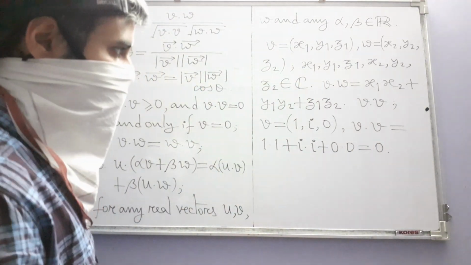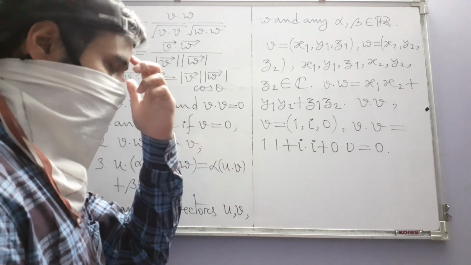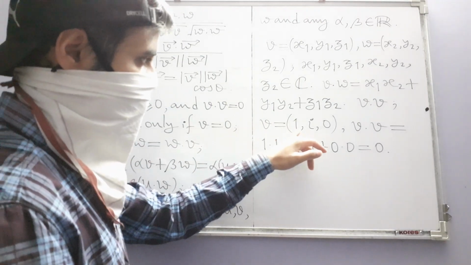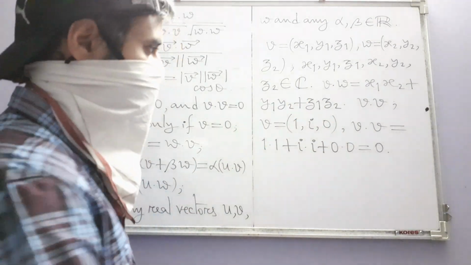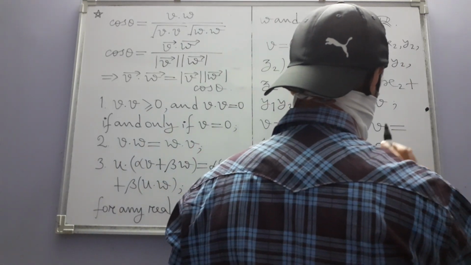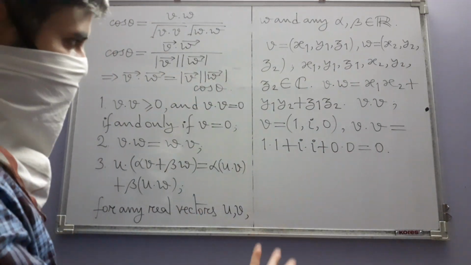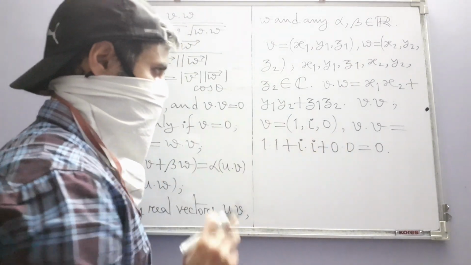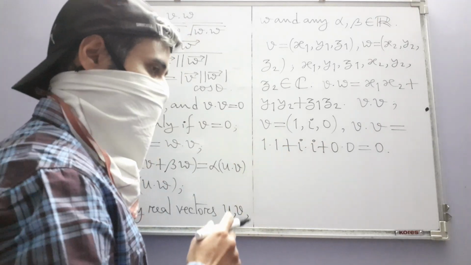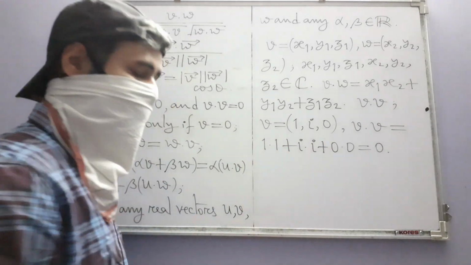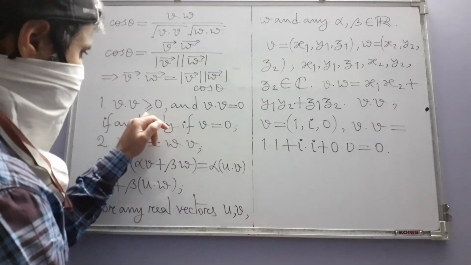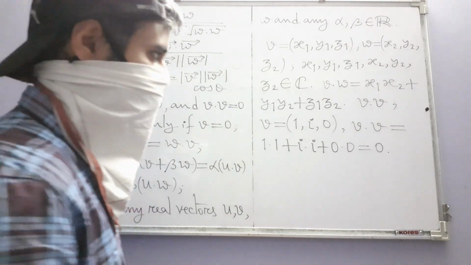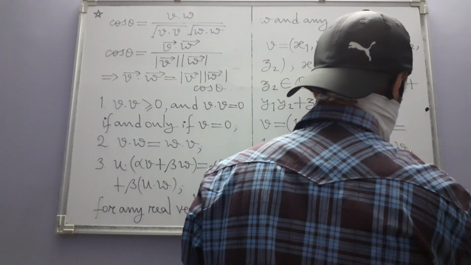So we are getting the dot product as 0, whereas the v itself is not 0, because in order for it to be 0, all the components should be 0. So this problem is there, and in fact you can pretty much understand that this length, in this case it has become 0, but you can of course consider some other v for which the length need not even be a real number. Forget about being non-negative, it may not even be a real number, it may be a non-real complex number. You can very easily find one such example.